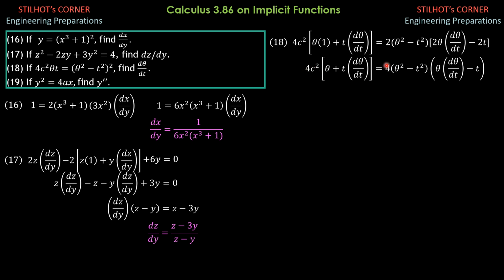We cancel 4 and distribute c squared inside. So we have c squared theta plus c squared t d theta/dt equals theta times quantity theta squared minus t squared d theta/dt, then minus theta squared t, then plus negative t squared times negative t, so positive t cubed.